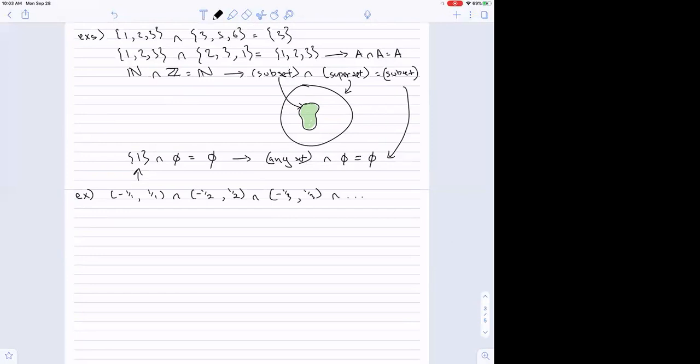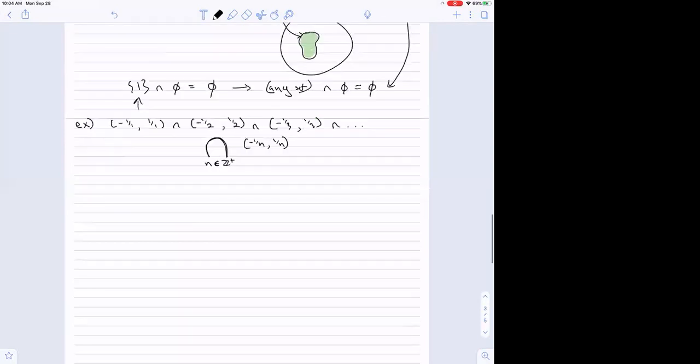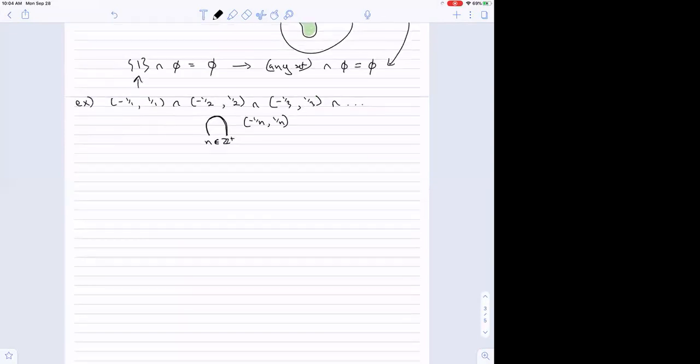If I were to write this out concisely, I would say n is in Z plus, and we're taking these intervals (-1/n, 1/n). So I'm taking this intersection. You write the intersection symbol really big, and then you write on the bottom what the index is, so I'm taking all the n in Z plus, and on the side you write down the things that you're intersecting. Okay, that's all very informal, but I hope it gets the point across.